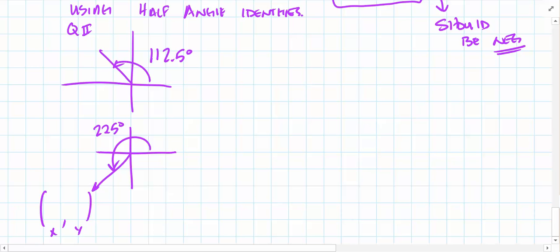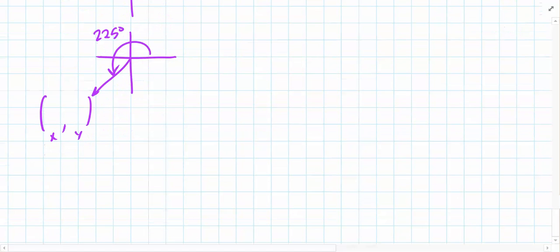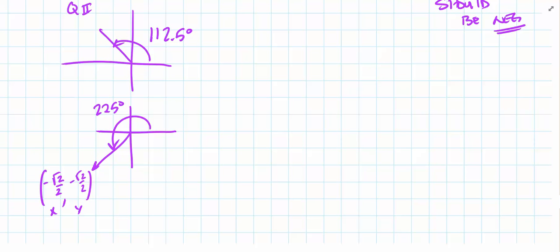So what's the cosine of 225? Negative root 2 over 2. Good, what's the sine? Negative root 2 over 2, right? That's a 45-degree reference angle in quadrant number 3. We know the exact value for the cosine of 225 degrees.